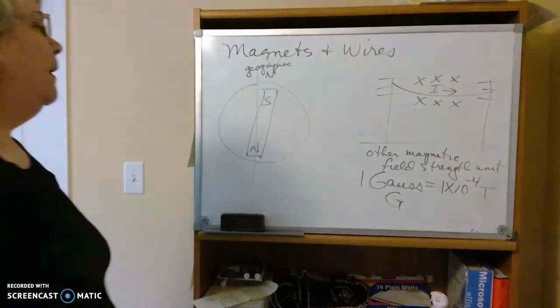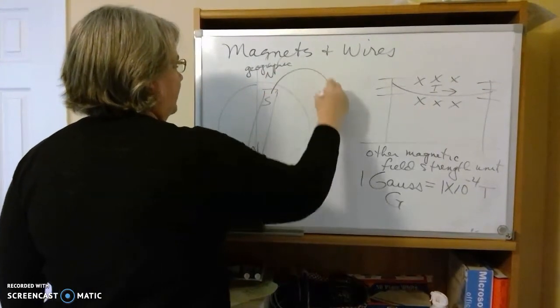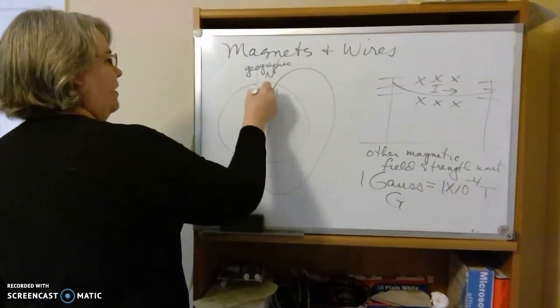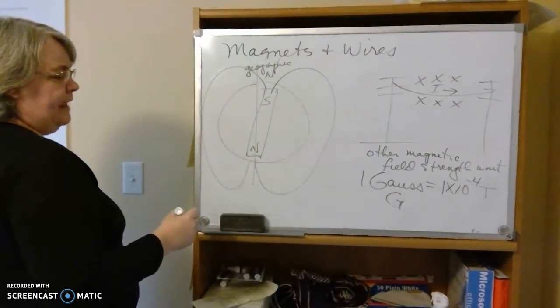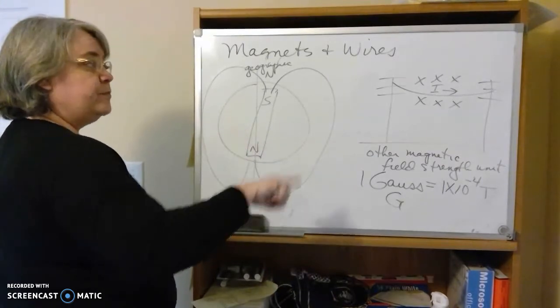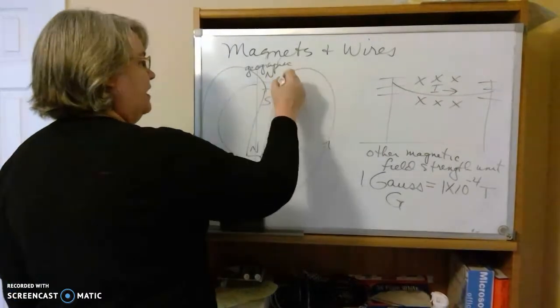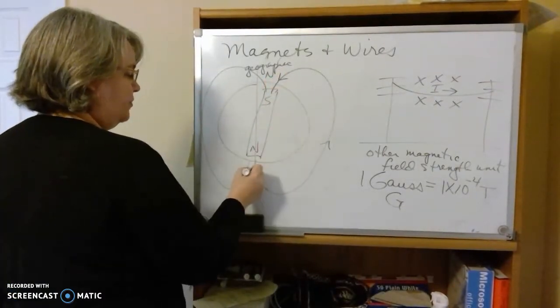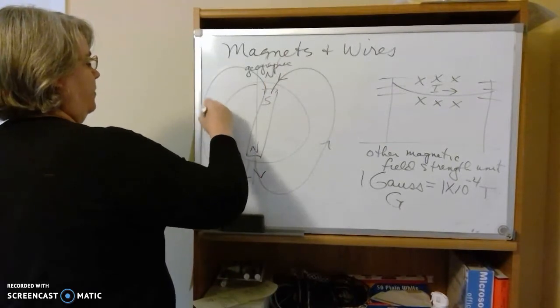That's going to create magnetic field lines that wrap around the Earth, and those field lines always point south. So as we go from north to south, the magnetic field lines point in toward south. They come out of the north.